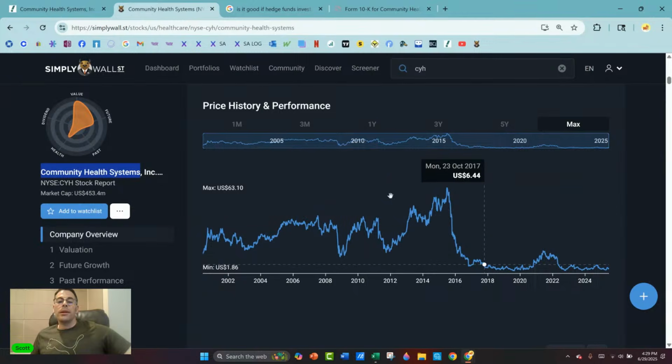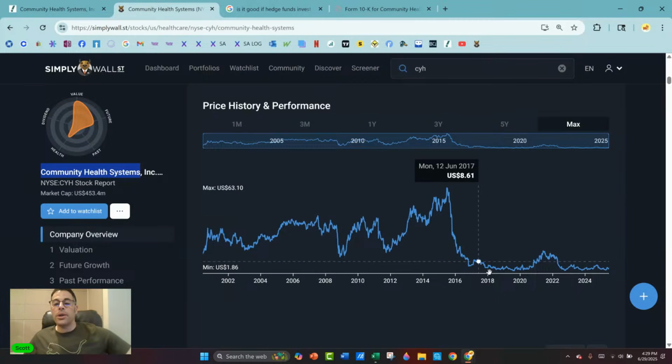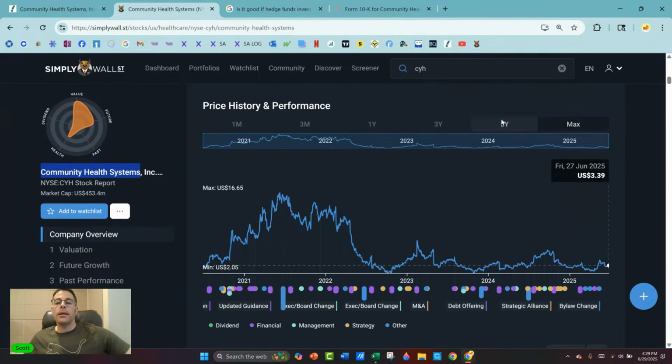This is a known thing in the market, and it peaked in 2015 at 60, and then it really never rebounded after that. There's been a ton of downward pressure, especially with the declining revenue. It did have a little resurgence in 2021, like every stock did.